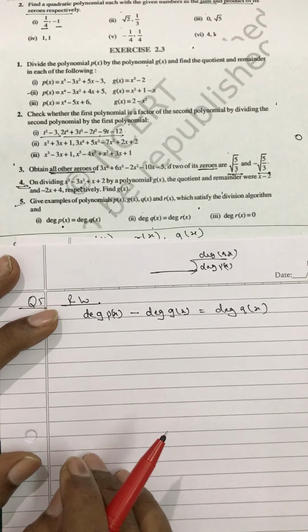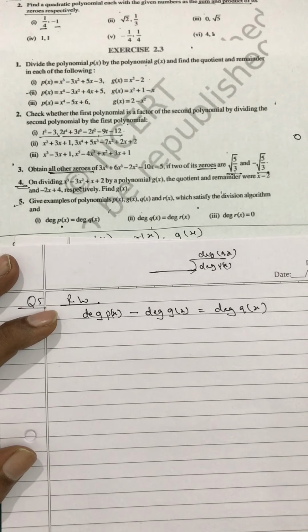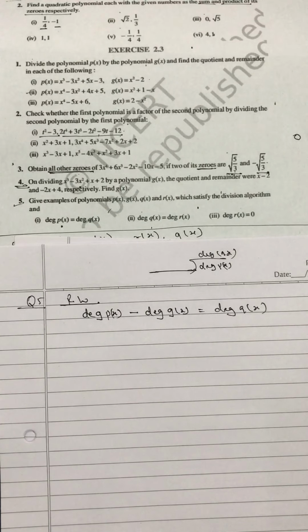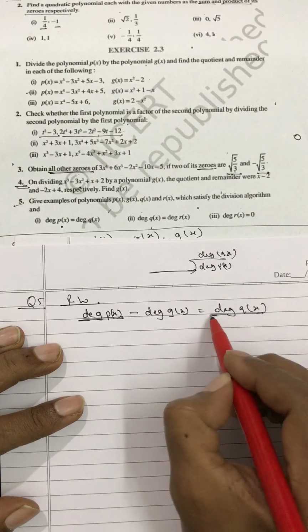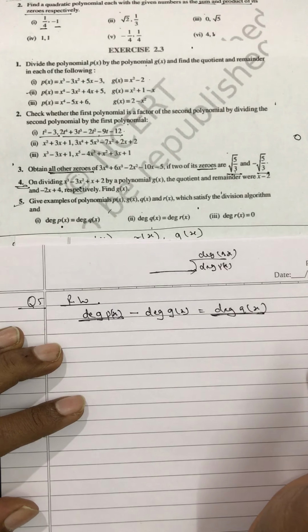I have shown you this. Fine, we have seen all this, and by now you should know this. The degree of q of x is the difference between the degree of dividend and divisor. Now if they want degree of p of x to be equal to degree of q of x, when is this possible? Now I needed an answer from you all, my dear students.